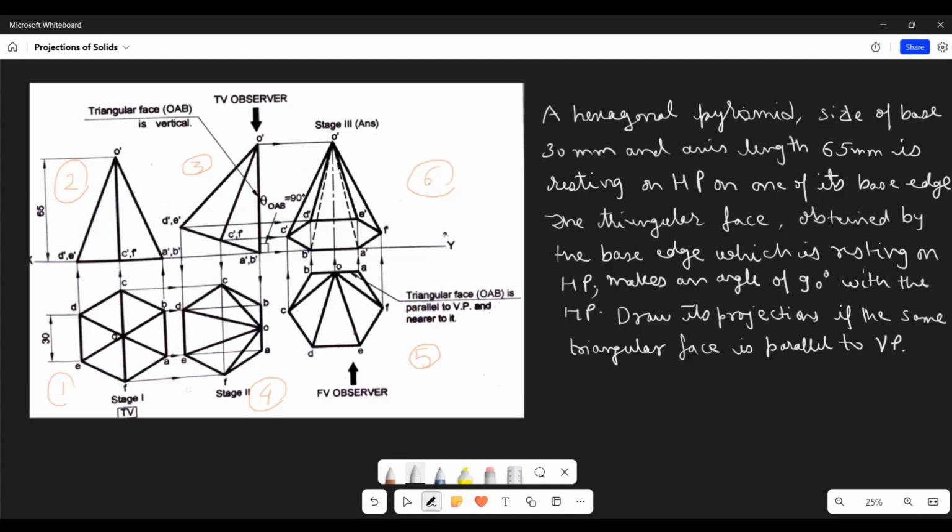So we have to mention this in the question. The face is nearer to the VP.